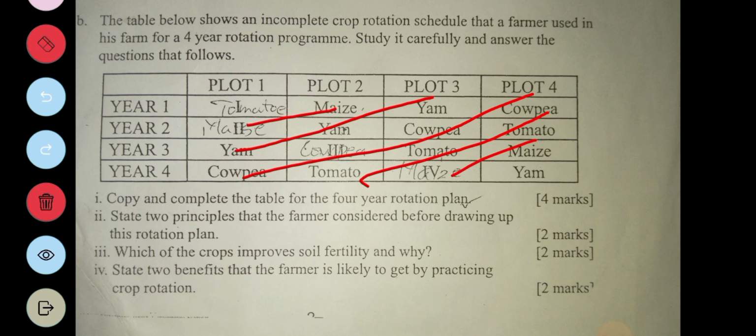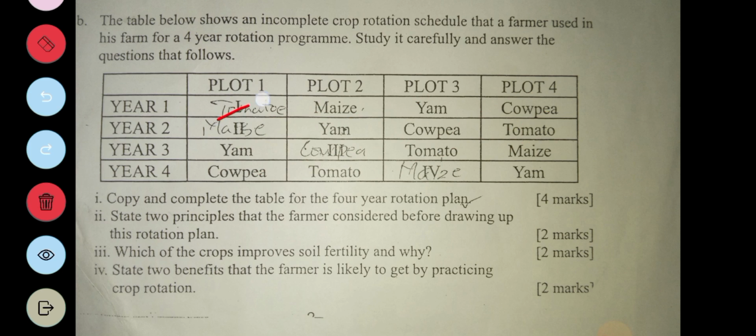For the empty spaces, just draw a line through and then fill in with the crops. So you can see that this one is tomato, this is maize, this is cowpea, and then this one is maize.